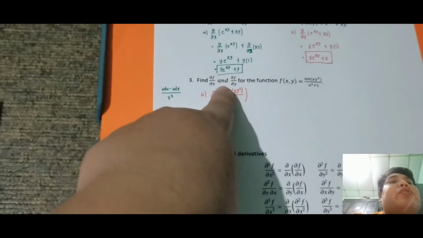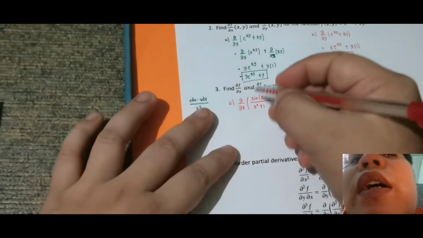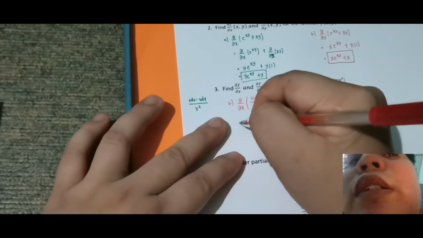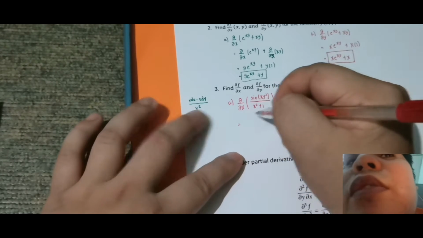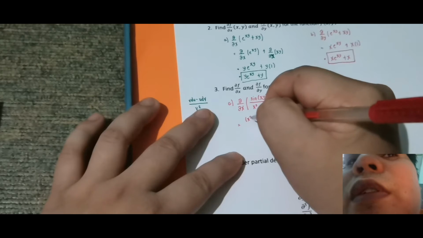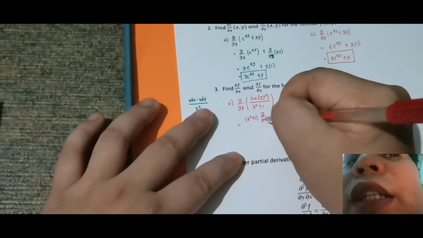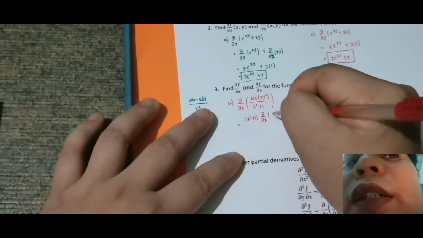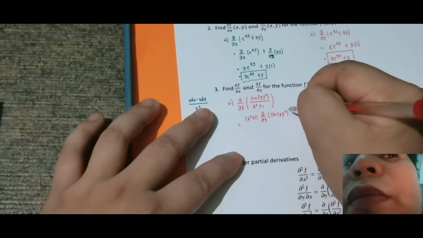So considering na ito yung U, ito yung B. Okay, so this is just equal sa magiging U o B, B is x squared plus 1, then partial with respect sa x ng sin x y squared.